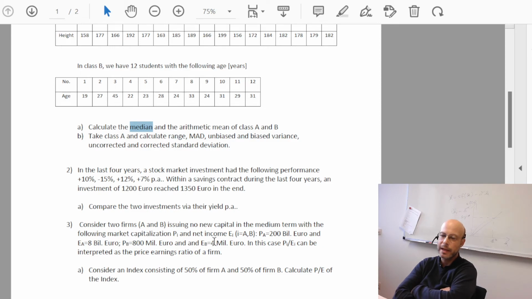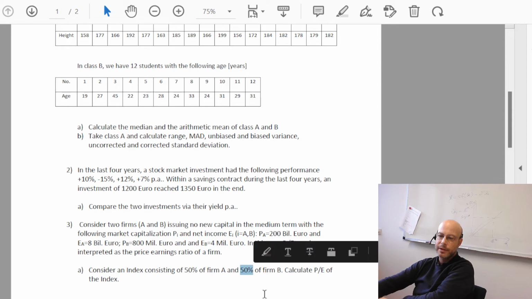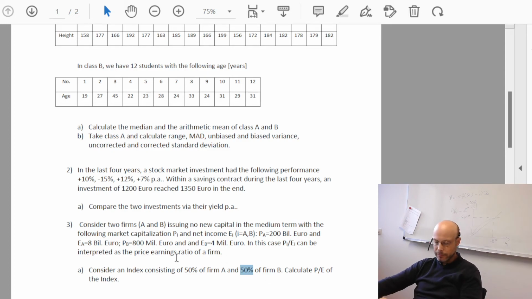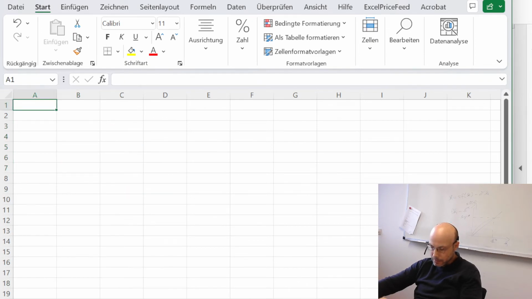So we want to calculate something like an index out of these two firms, and this index should be constructed by 50% investment in firm A and 50% investment in firm B. So let's calculate this also. Exercise 3.